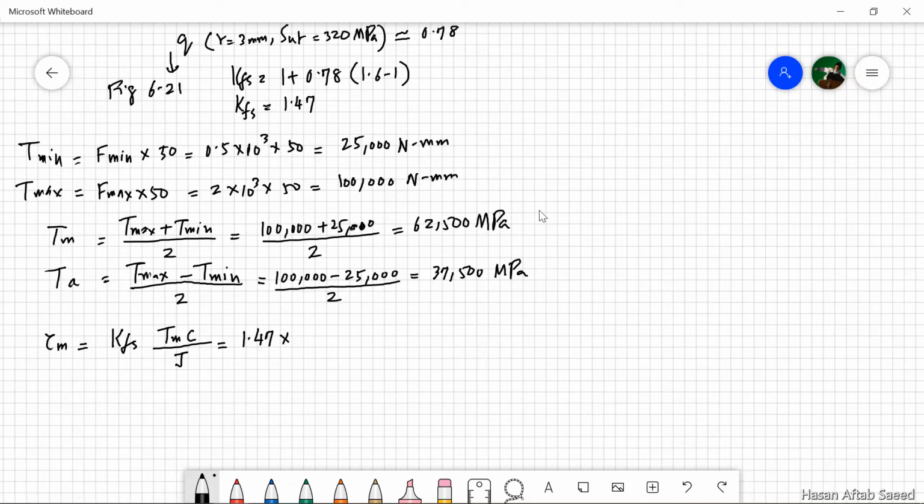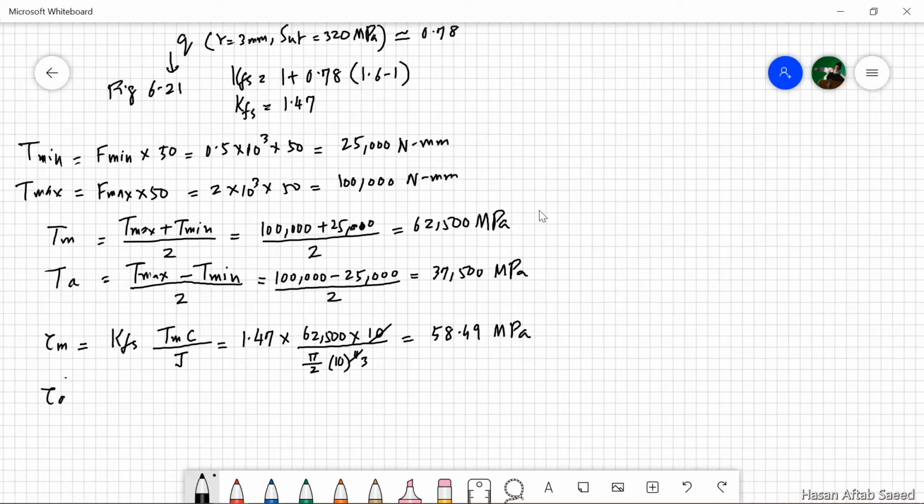TM 62,500. C is the radius, so don't use 20, use 10. The common point of mistake for many people. J is pi by 2 into again radius power 4, and you can get this cancelled. So you get the answer 58.49 MPa for tau m.